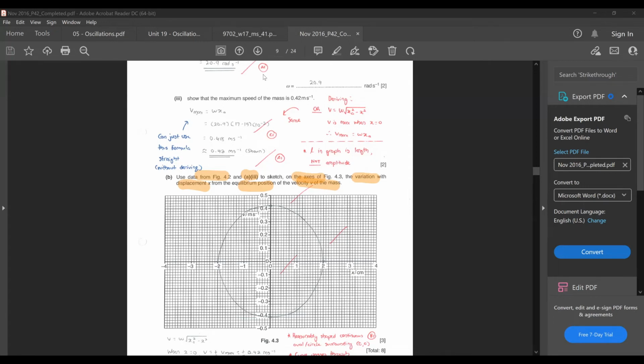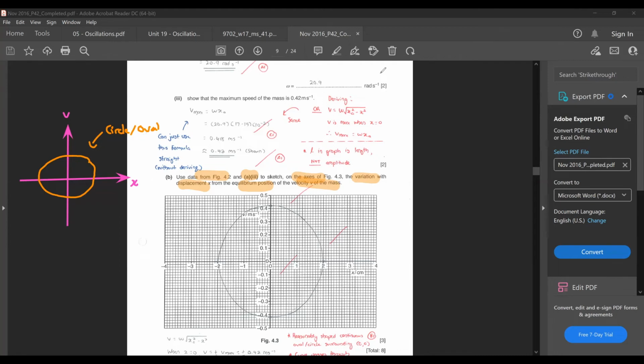So that time we mentioned that when you have a graph of v versus x, v versus displacement, it's generally going to be a shape that looks like this. It's either a circle or an oval shape. Whether it's a circle or an oval depends on the scale of the graph that's given, but generally it should be a curve, okay, not a straight line.